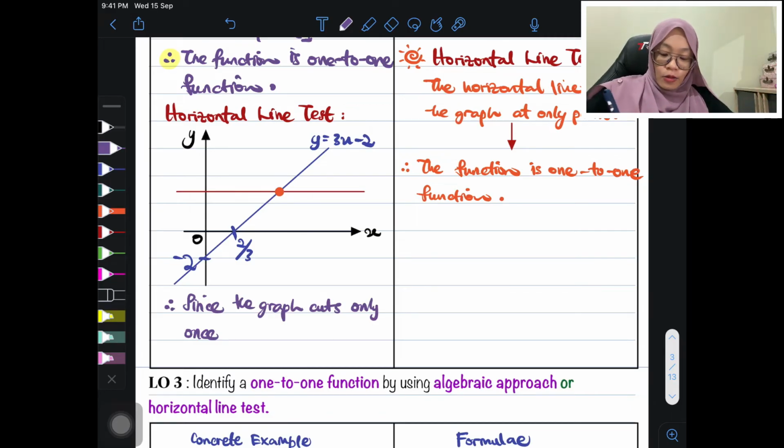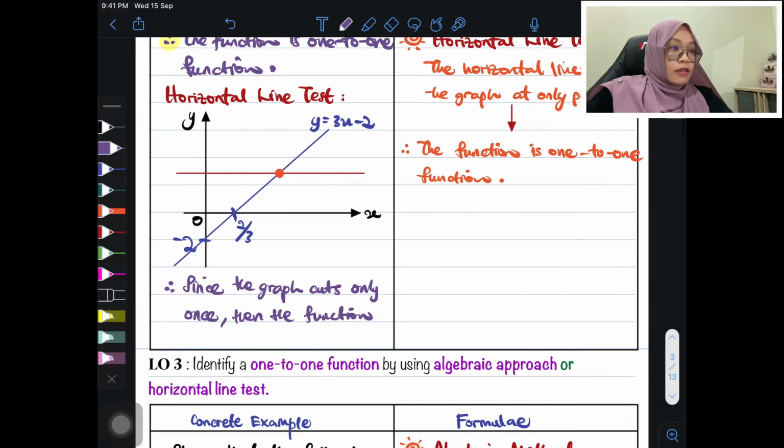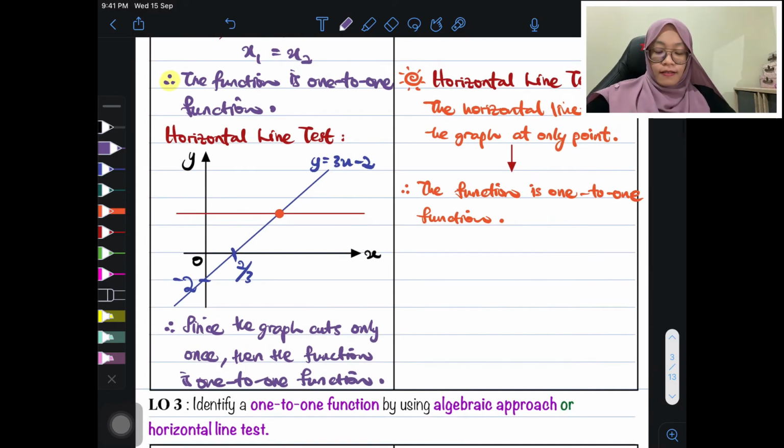Since the graph cuts only once, then the function is a 1-to-1 function. Yay!